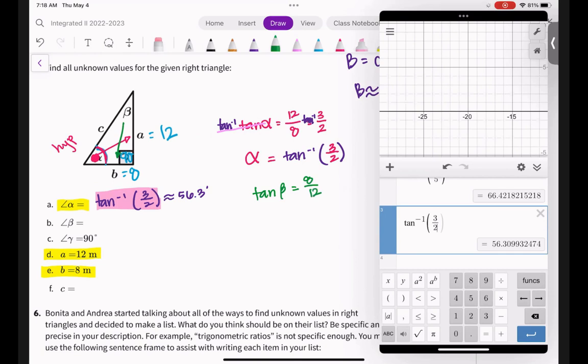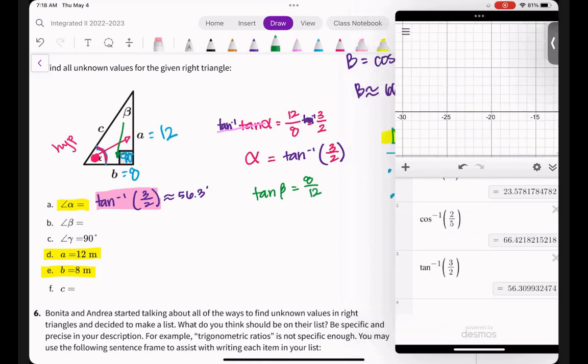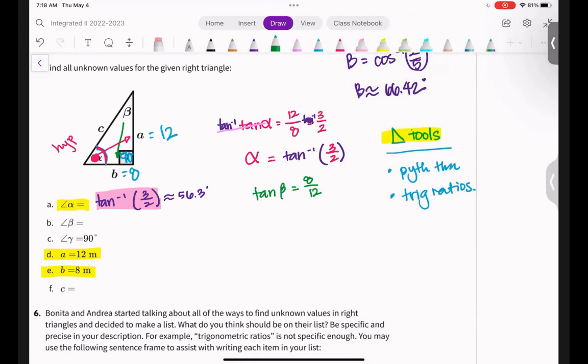So then if you solve this, again, you would tan inverse both sides, right? Just squashing them in there. And then you'll notice that these two undo each other. So you're left with beta equals tangent inverse of, and I'm going to leave it as 8 over 12 because I know you know how to simplify.